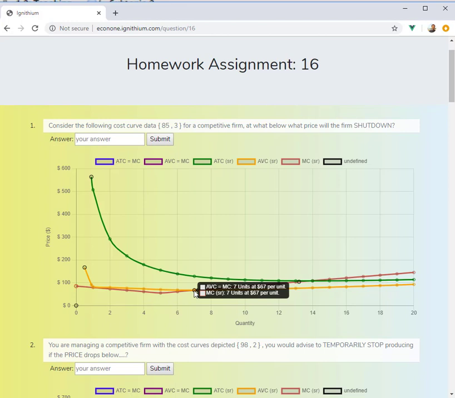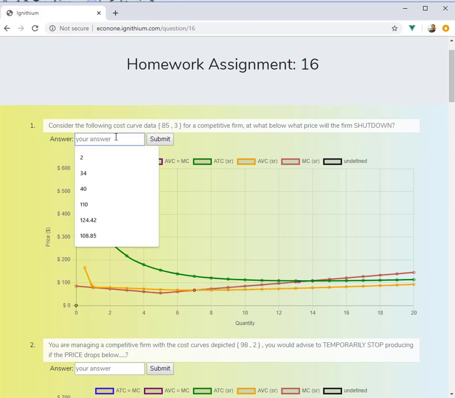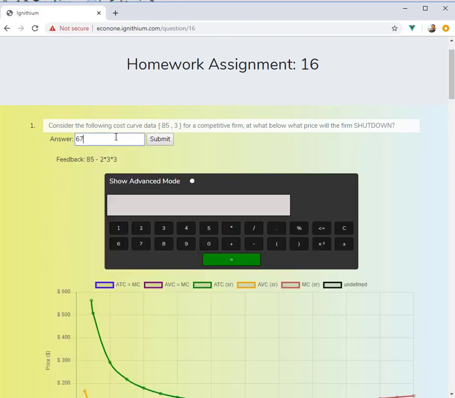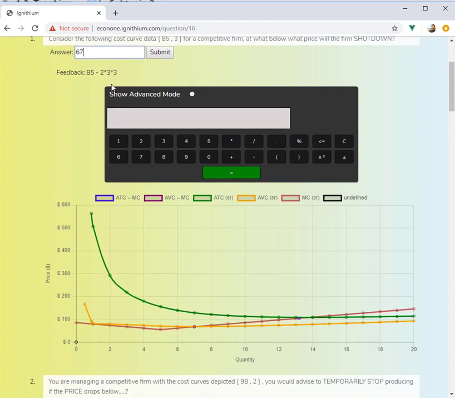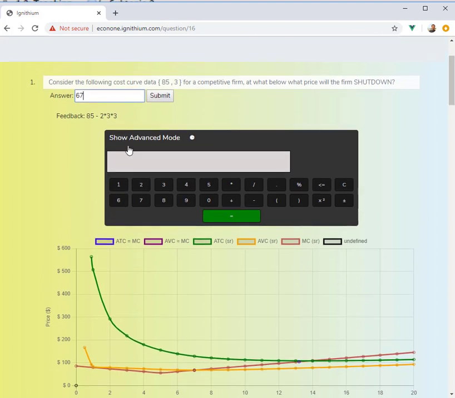And in this case, it would be at $67. We can't easily verify that, but if we do a little bit of math here, 3 times 3 is 9, times 2 is 18, 85 minus 18 is 67. So that would be correct in this case.